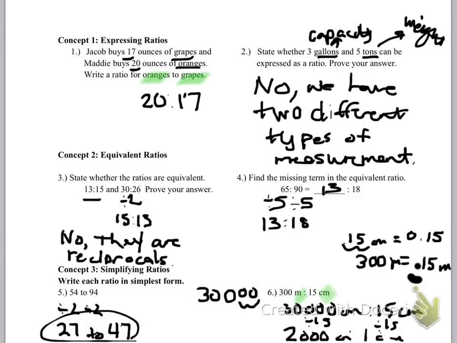So here you could still divide by 15. Only this time you are going to get 20 and 0.01.